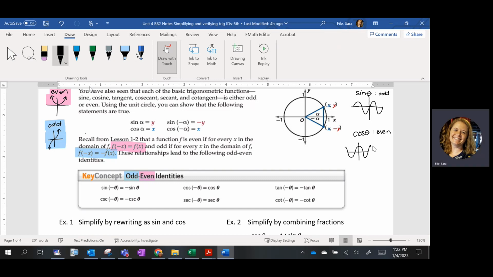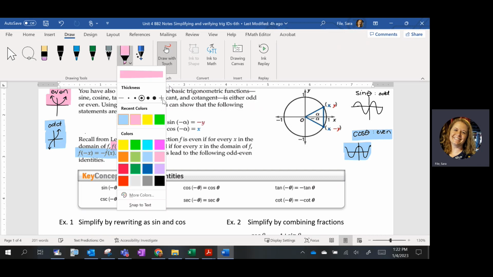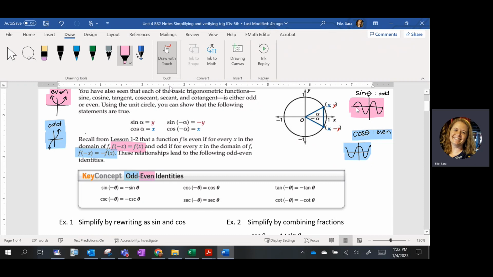Okay, so if you prefer to think of things graphically, visualize the graph and it will help you remember if it's even or odd. As long as you remember that y-axis symmetry is even and origin symmetry. Oh, I just did that the wrong color. Hang on. I did even in pink a second ago. Let me fix that.